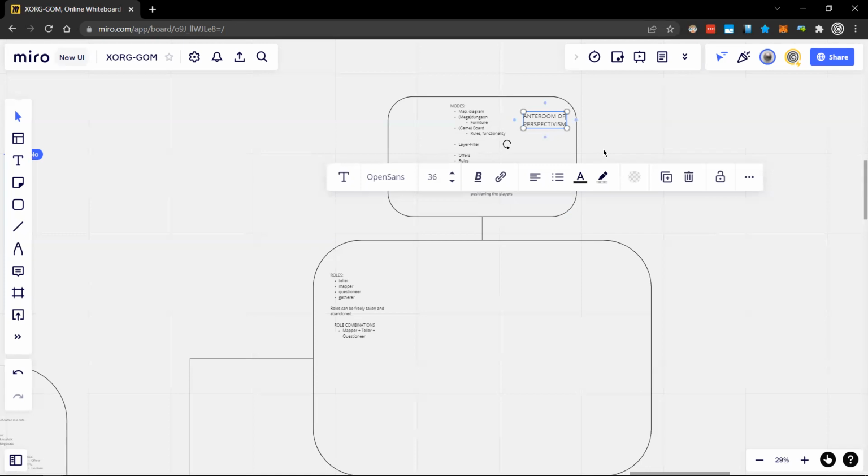As a game master, teller position, I can tell you there's this sketchy stone plug, like a sign, and in the stone there's hastily, sloppily carved text: map, diagram, Megadungeon, which has the furniture mode, the game board, that's rules functionality, and these other things.